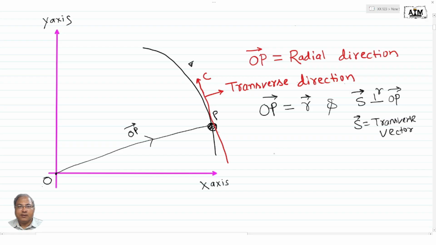One more thing: the unit vector R cap is the unit vector along vector R, and S cap is the unit transverse vector.